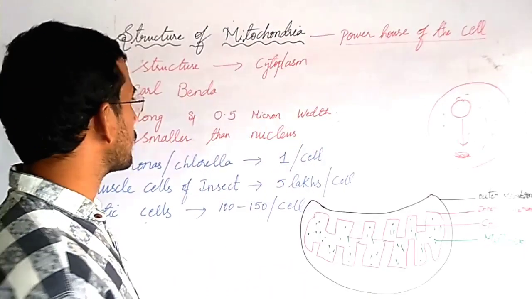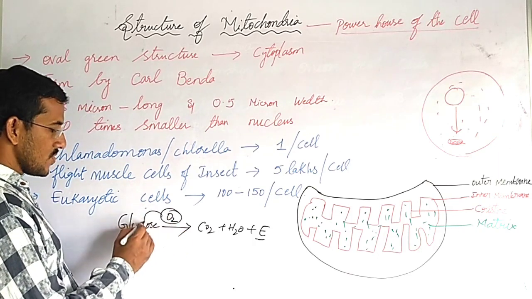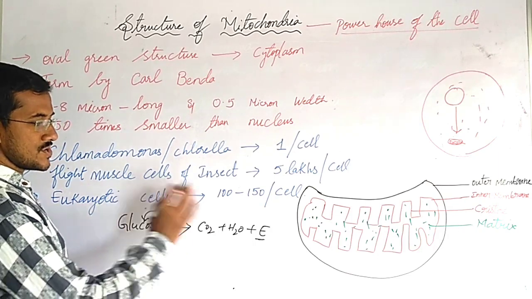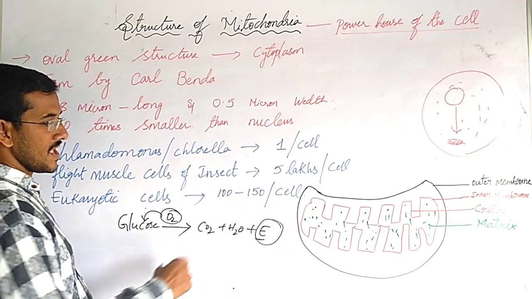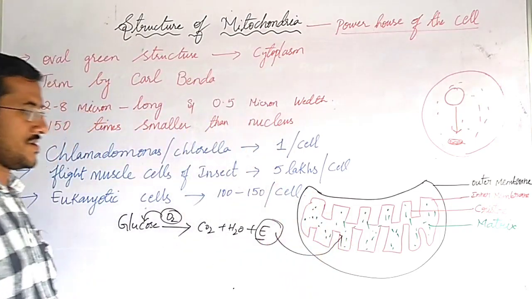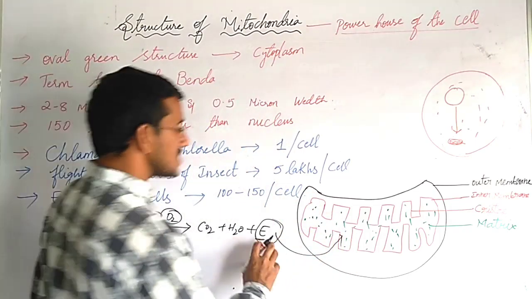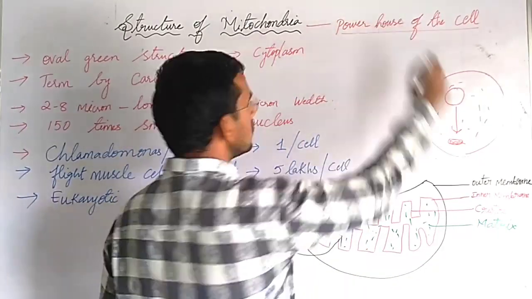So what happens to this food? With the help of oxygen, glucose is broken down to carbon dioxide and finally it releases energy. This energy is stored in mitochondria. Because energy is stored in mitochondria, this is called the powerhouse of the cell.